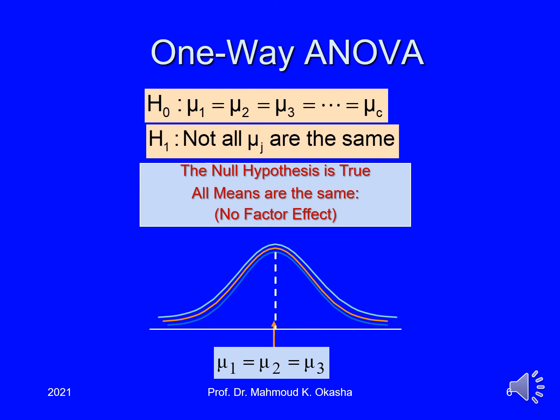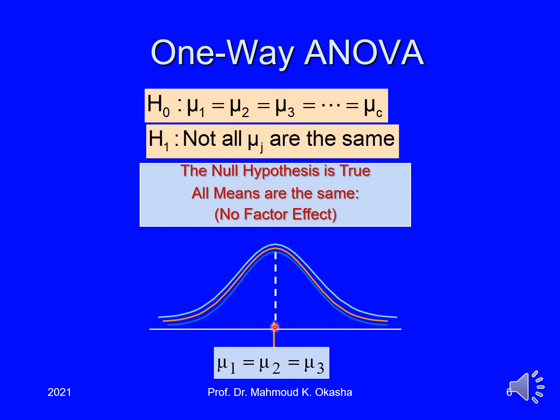If the null hypothesis is true, that means all means are the same. That means also no factor effects. That means the distribution of production, or the distribution of the dependent variable, will be like this.